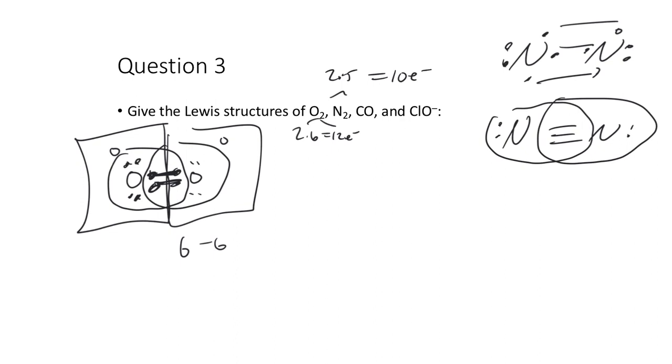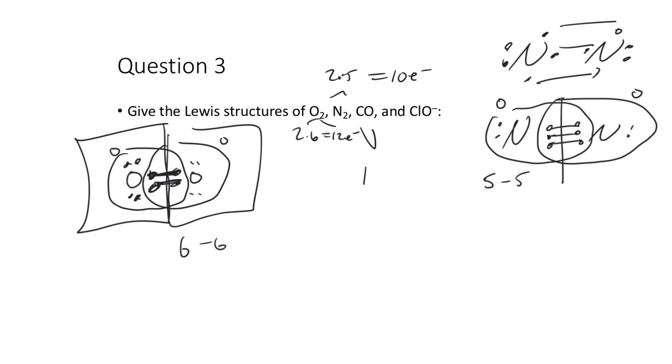It allows them to satisfy the octet rule while also maintaining 0 formal charges. So each nitrogen should have 5 electrons for neutral charge, and they do. For the formal charge, just break the bonding pair electrons exactly in half, and it's the charge that those atoms would bear if the bonding pair electrons are equally shared.